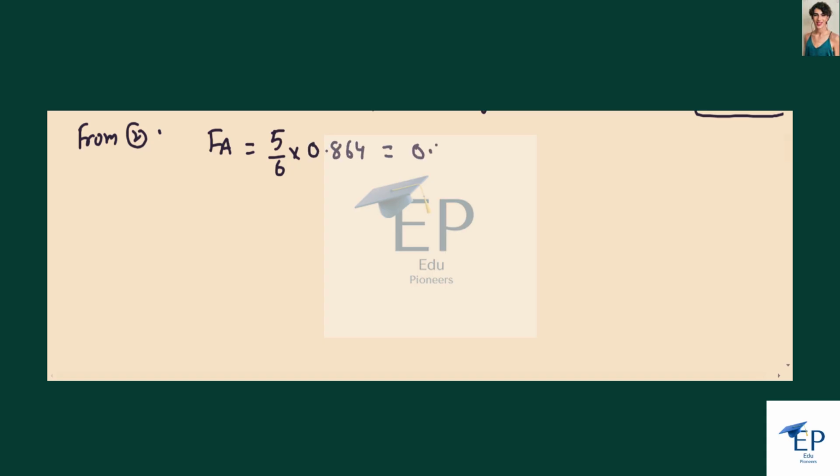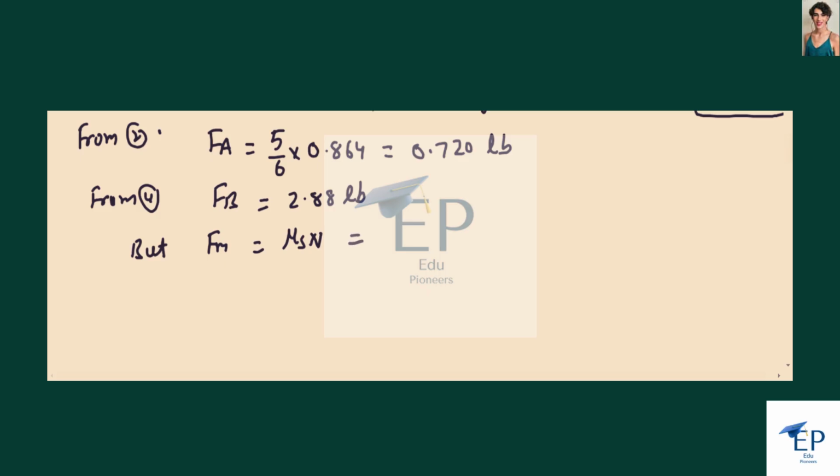You will get 0.72 pound, and from equation 4, force on B we can find 2.88 pound. But friction available is mu s into N, mu s is 0.5 into 5, that is 2.5.